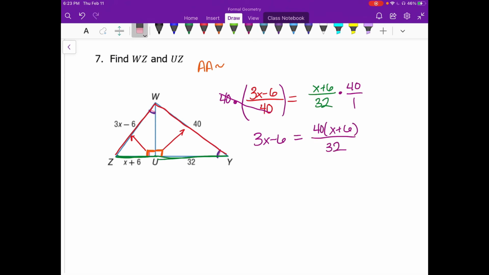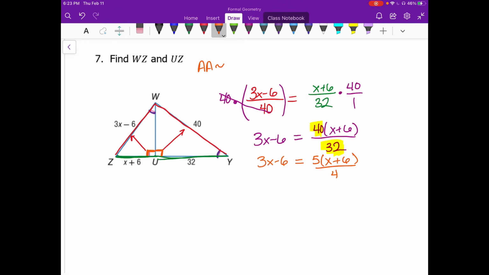Before I go and multiply by 32, I'm going to notice that 40 and 32 are both divisible by 8, so I'm going to reduce those, and that will reduce to 5 times x plus 6 over 4.